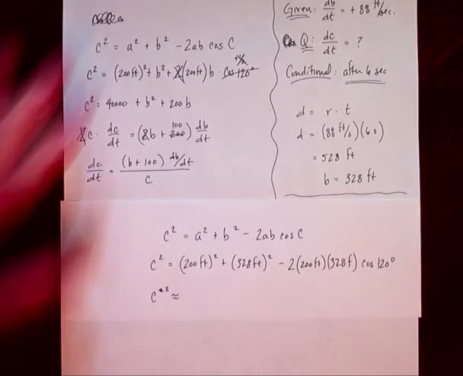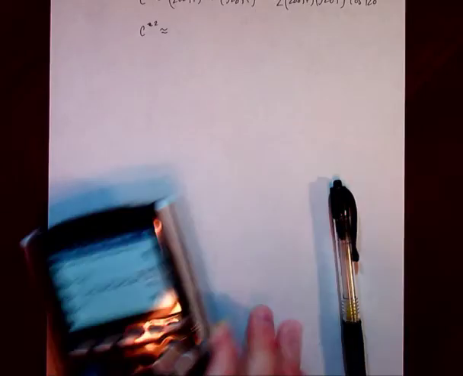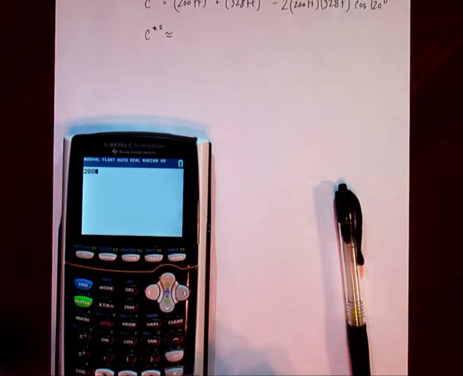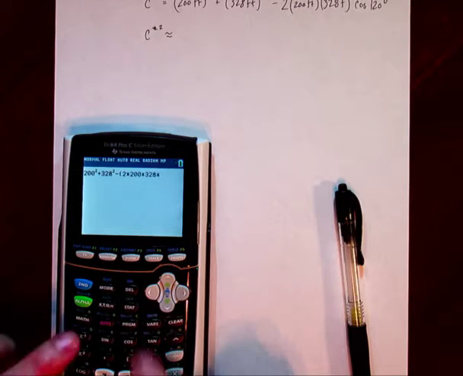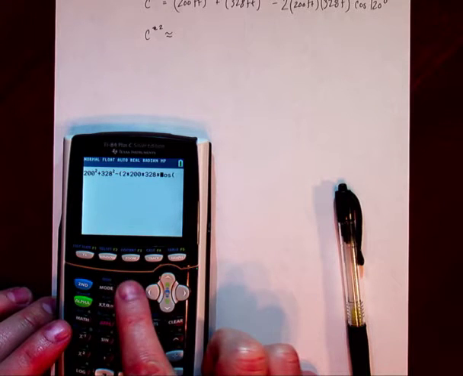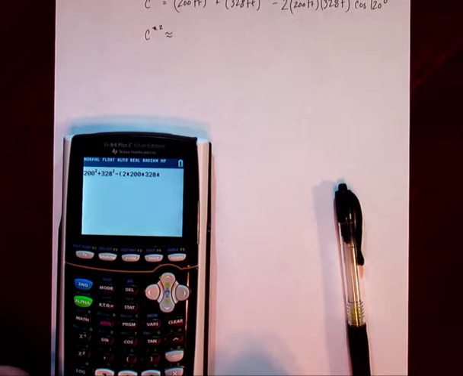Okay, so let's pull this other page out of the way. And we have 200 squared plus 328 squared minus 2 times 200 times 328 times cosine of 120 degrees, which is negative 0.5, as we've already identified.